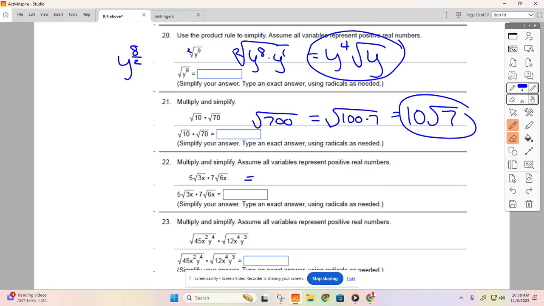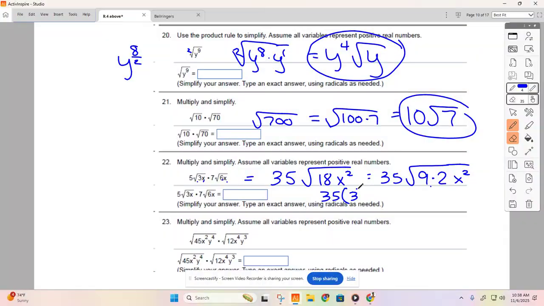All right, on this one, I multiply the numbers outside. 3 times 7 is 21. Now I multiply the things under the radical. 3 times 6 is 18, x times x, x squared. I leave that outside number out here. My square root, I'm going to simplify by separating 18 into the factors 9 times 2, and I have my x squared still. I can take the square root of 9.